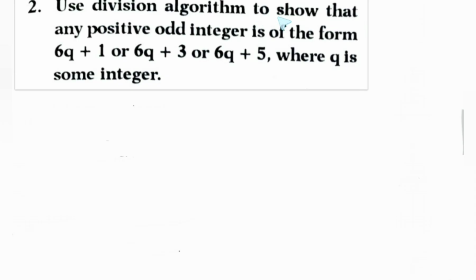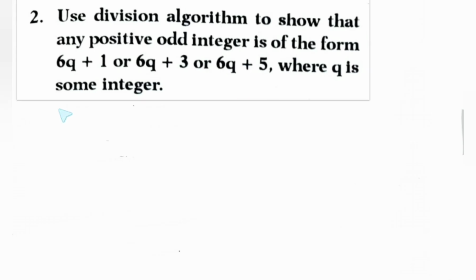Use the division algorithm to show that any positive odd integer is of the form 6q plus 1, 6q plus 3 or 6q plus 5, where q is some integer. Let a be an odd positive integer. Let us now apply the division algorithm with a and b equal to 6.